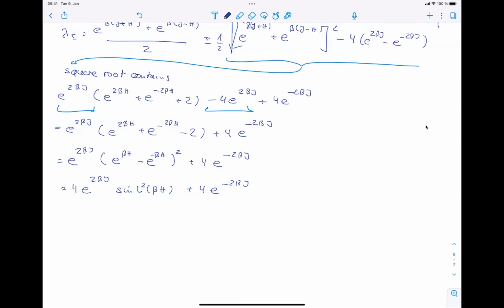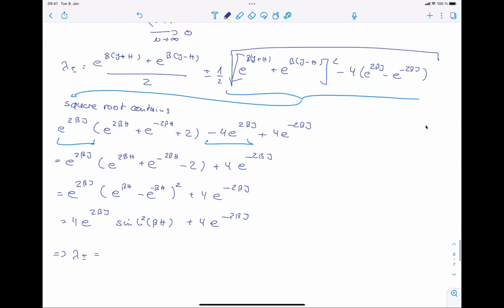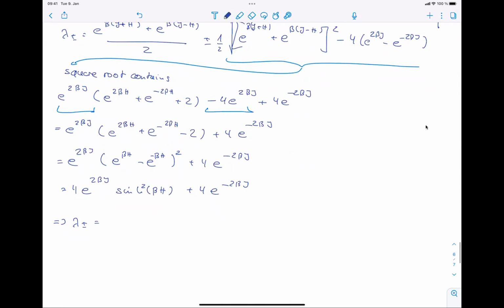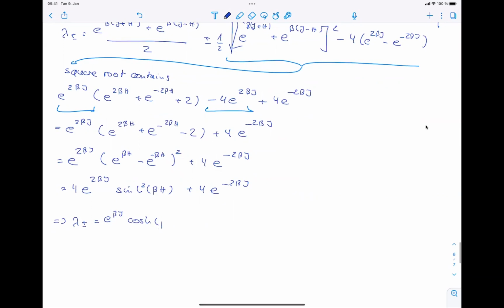And so with that, I can simplify our eigenvalues up there. That was a long, clumsy expression into also recognizing what we have here. If I factor out the e to the power of beta j, I have a hyperbolic cosine left, right?